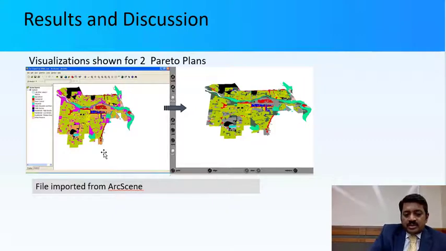But with the visualization, the planners and the administrators are able to clearly see what exactly is the land use scenario that is being represented by the genotype. So this gives them a very clear advantage by reducing the abstraction and thus helping them with the decision-making process with less ambiguity.